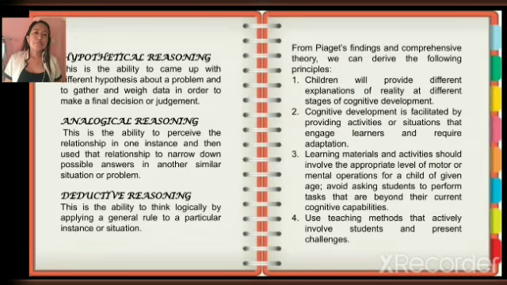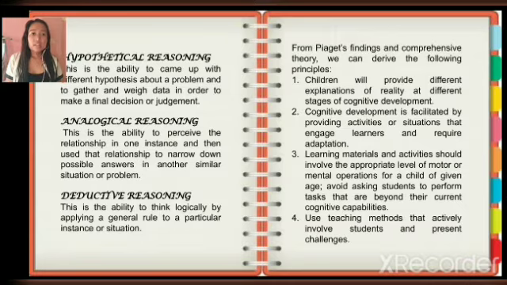So from Piaget's findings and comprehensive theory, we can derive the following principles. Children will provide different explanations of reality at different stages of cognitive development. And then, cognitive development is facilitated by providing activities or situations that engage learners and require adaptation.